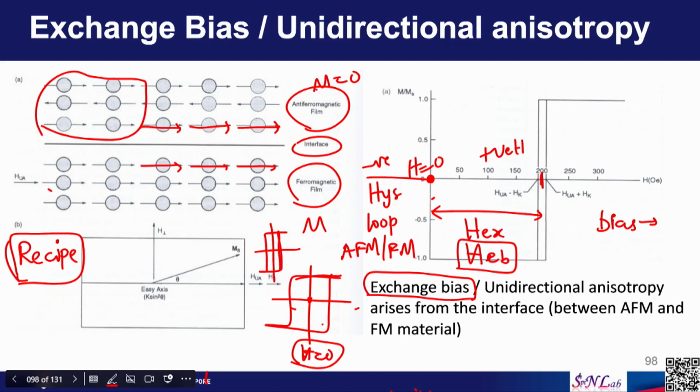That is not the case. Also, only providing field in one direction, not on the opposite direction? No, let us assume that I am going from here all the way here. That is not the difference.